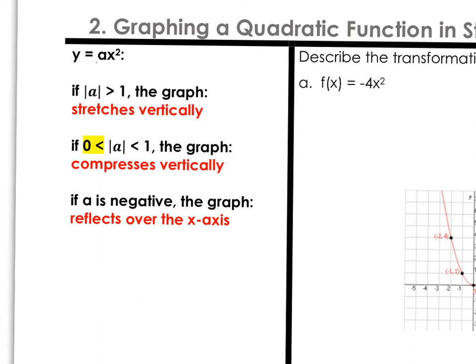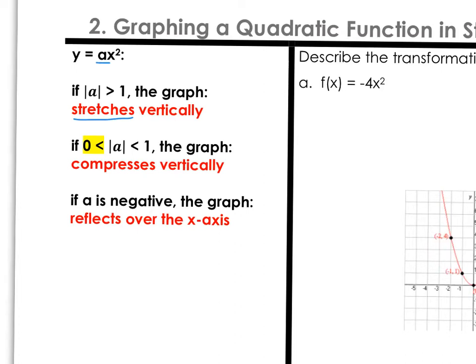Now let's focus on what the a value can do to the shape of the graph. If the absolute value of a is greater than 1, we describe the graph as stretches vertically. That U shape or that parabola will become more narrow looking because the y values get even bigger, even faster than they already did.